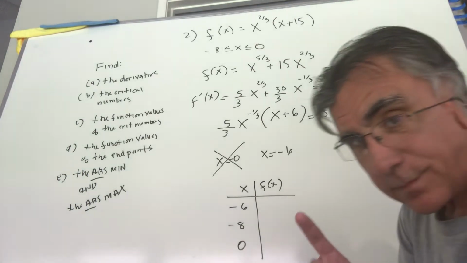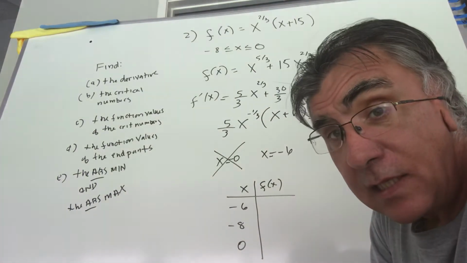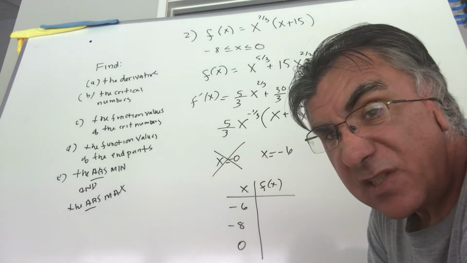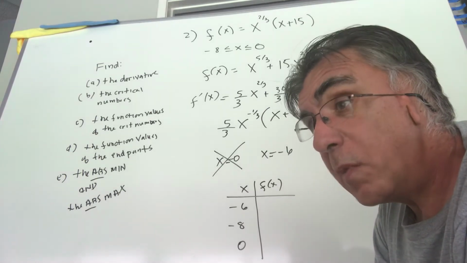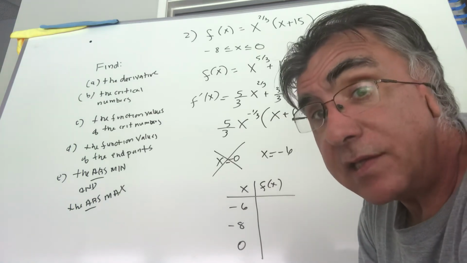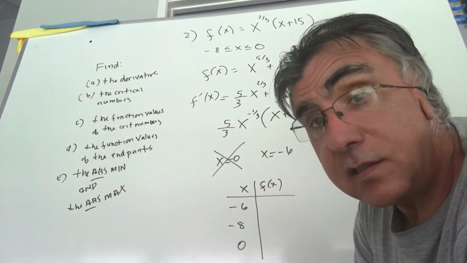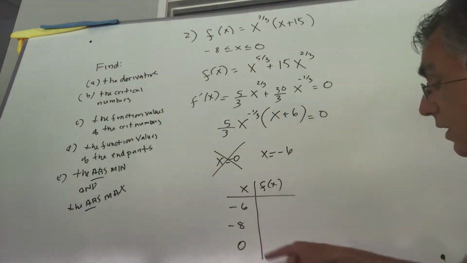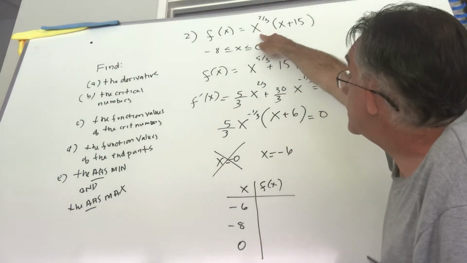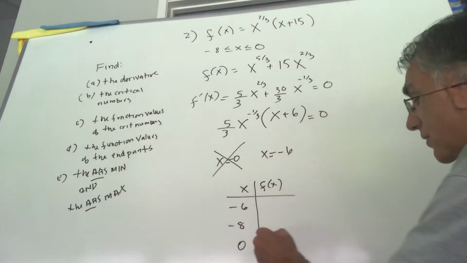Now, normally I make a big deal about this and we learn about fractional exponents, but being that we're doing remote learning here, just grab your calculator, okay? Just put it into the calculator. I'm okay with that. So if you put 0 in, obviously 0 times 15 is 0.